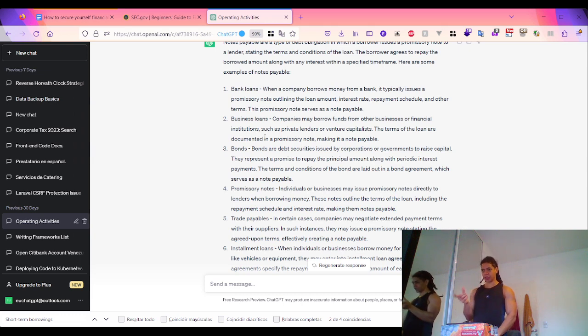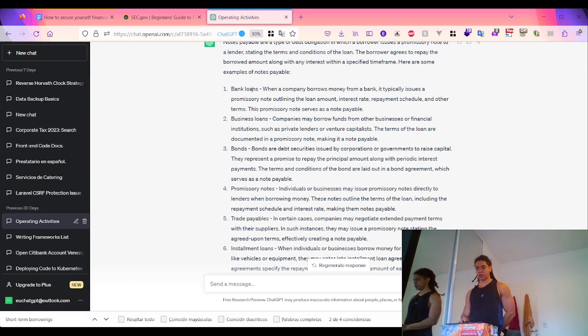These terms and conditions are laid out in the bond. Promissory notes are issued directly to lenders when borrowing money. Again, it outlines the terms of the loan, including the repayment schedule and interest rates, and makes it a note payable. Trade payables is a promissory note with agreed upon terms with the suppliers.